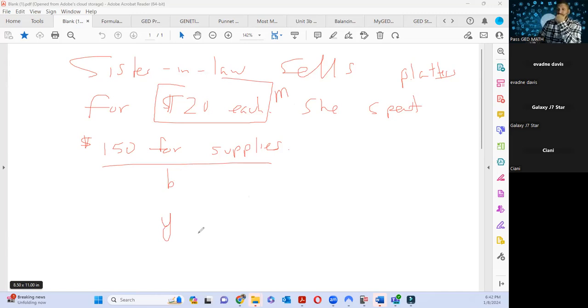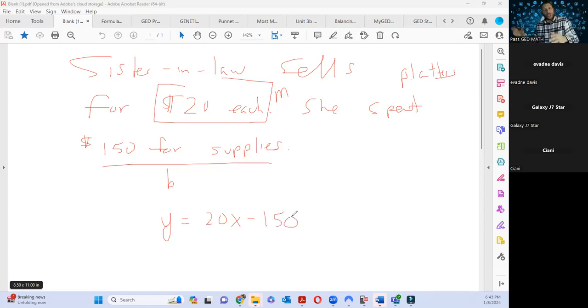Does anybody know? Would it be y equals 20x plus 150? Is it plus 150? Or did you have to spend your money to get the supplies? You had to spend the money to get the supplies. So it's minus 150.